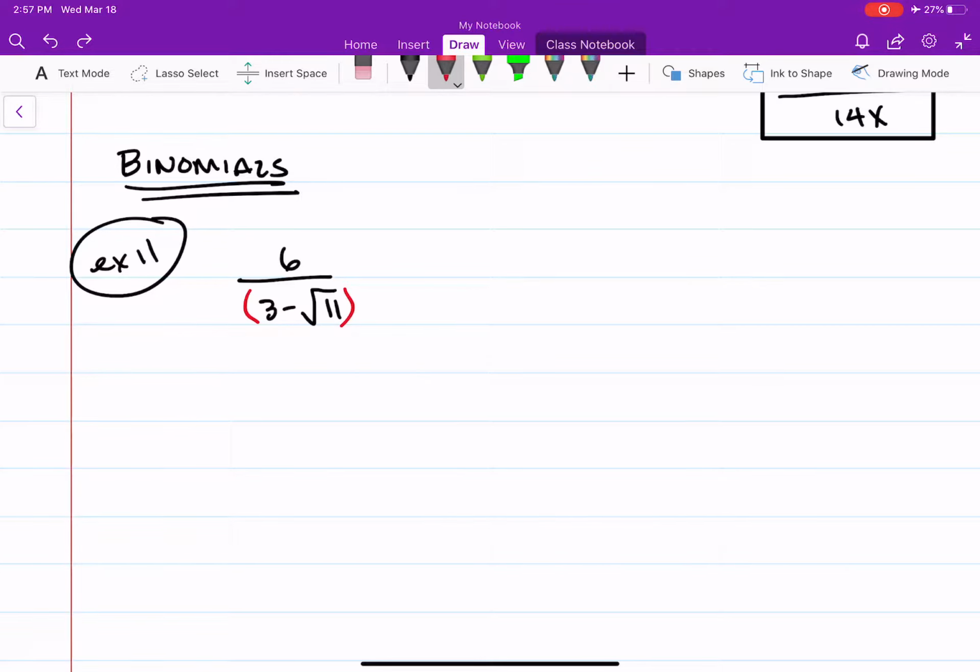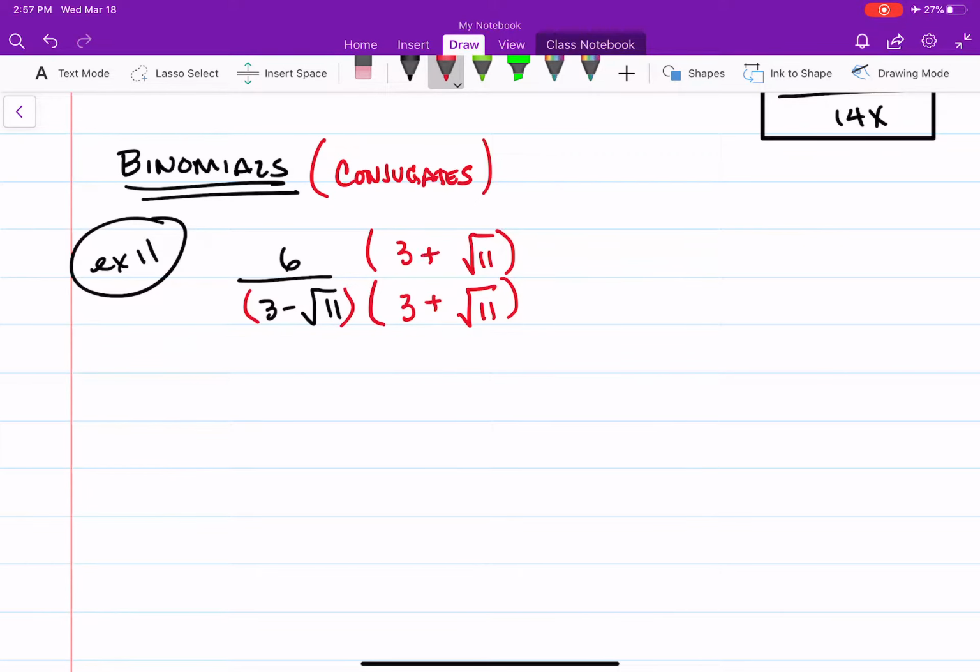So the trick of this is about conjugates. So what do we know about conjugates? Conjugates are the same variables, but since the given is a subtraction, that means we will multiply by the addition, okay?